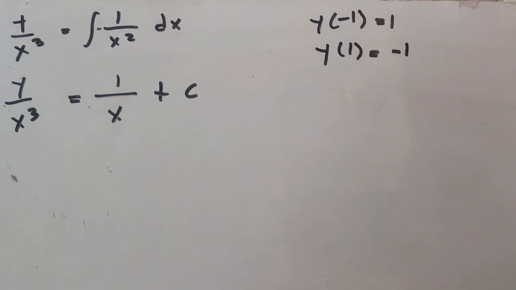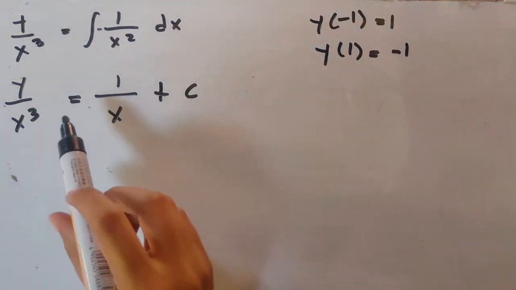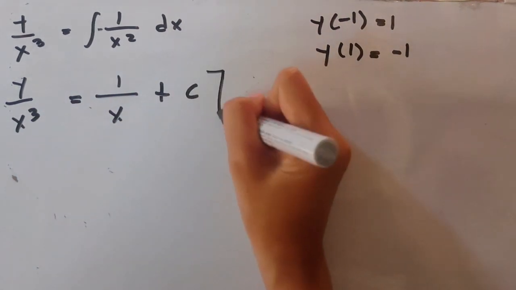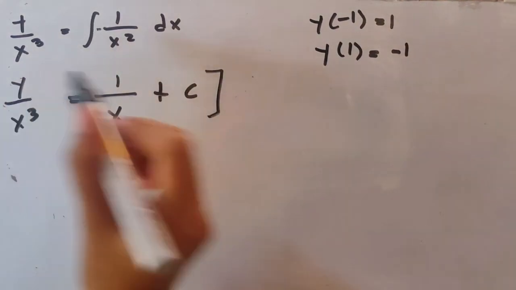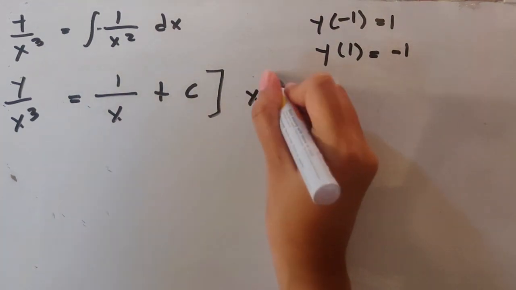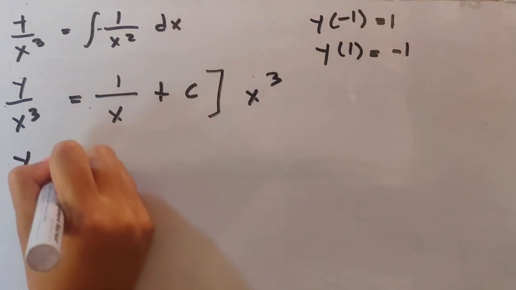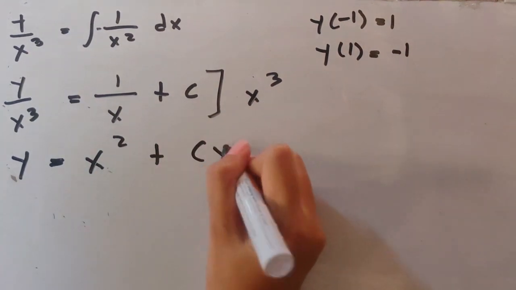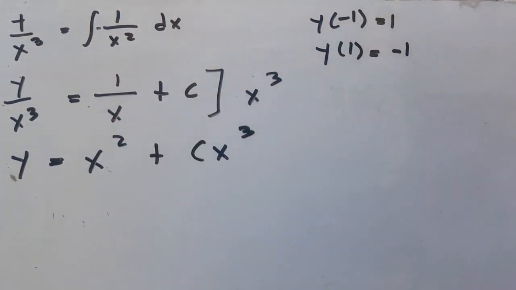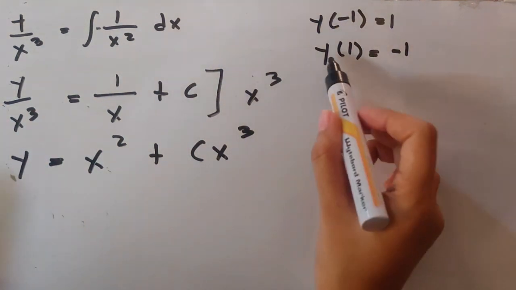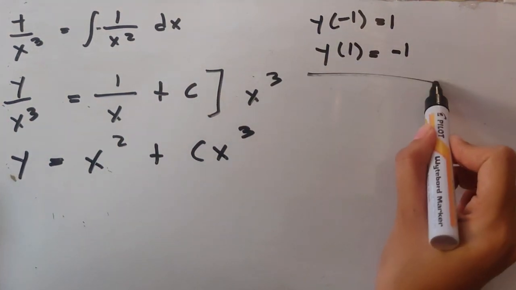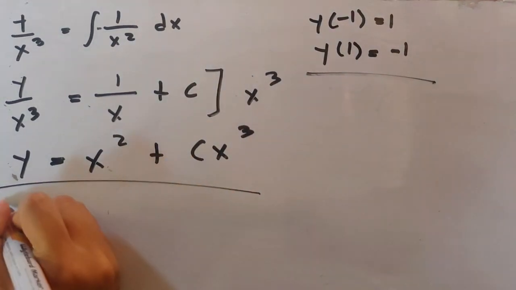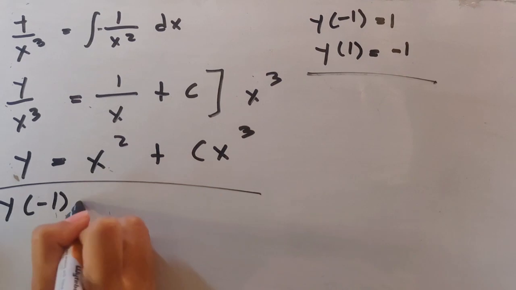This should be in terms of y, so we need to eliminate the x cubed here. So y now is equal to x squared plus c x cubed. Remember, we have a condition, so we will now apply our condition to the value of our y. First is y of negative 1 is equal to 1.